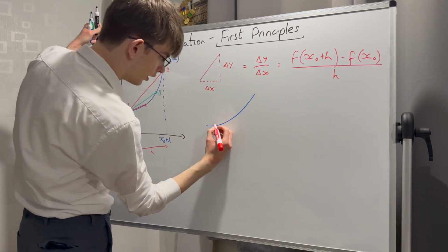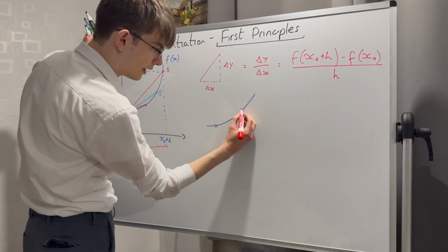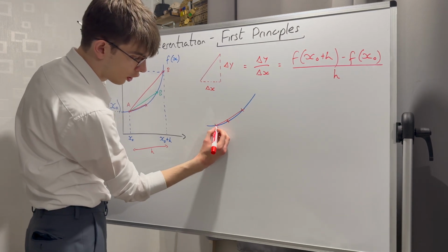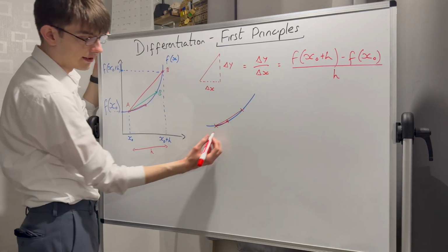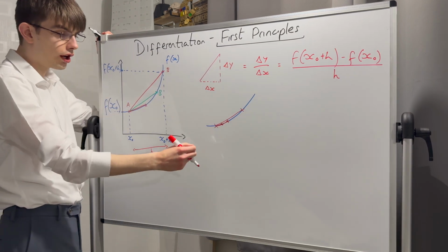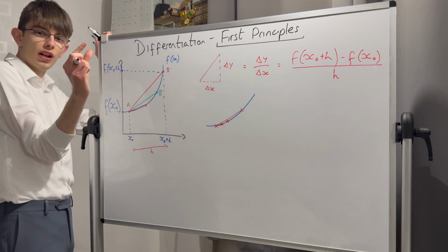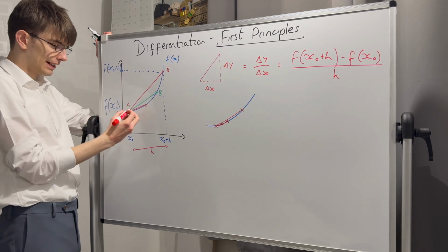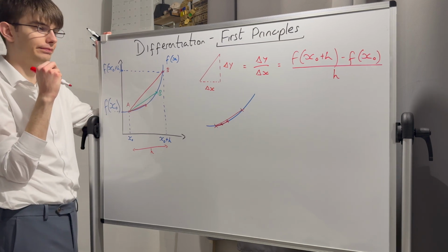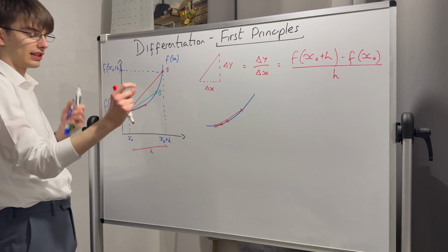The closer that A and B get to each other, the closer the line that connects them simply looks like the curve. If I put A and B right next to each other, then the straight line between them is just going to lie on the curve. There's going to be not much distance between them.